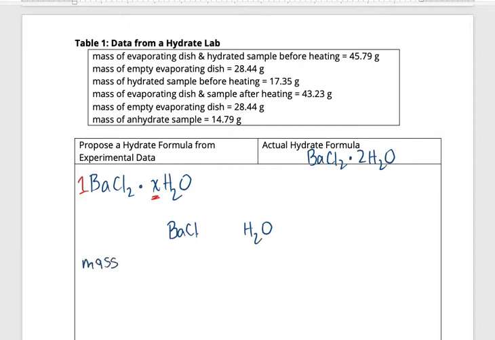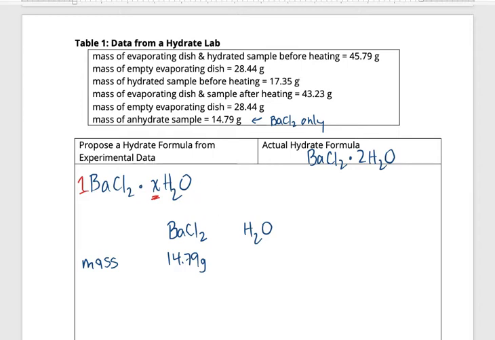Barium chloride. When we started off this experiment, we found the mass of barium chloride. This is after we heated it and so forth, so this is the mass of barium chloride only. We evaporated off the water, so that is 14.79 grams. We want to know how much water we found experimentally was in the substance.